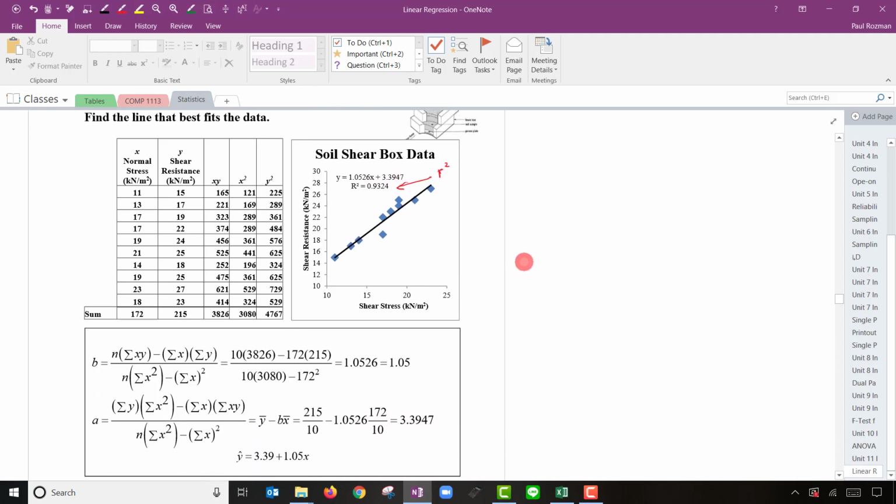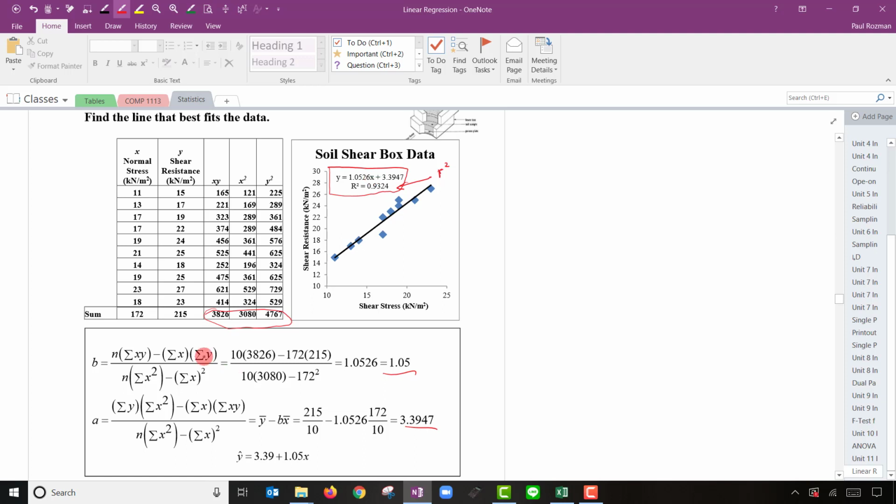I did the manual calculations just to confirm that because I had already calculated these totals for the sums, the products and the squares, etc. So you'll see that these values by hand match the default output from Excel. To get this on the plot here, I just right-clicked on my data set and said add trend line, and then I made sure to display the equation on the chart.